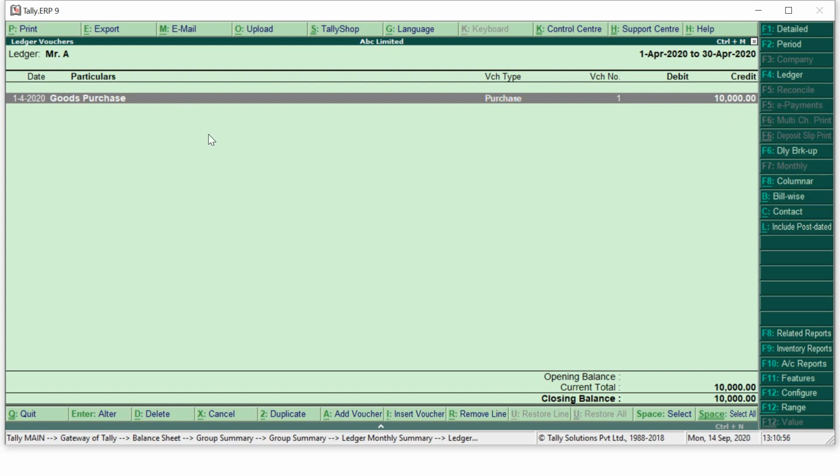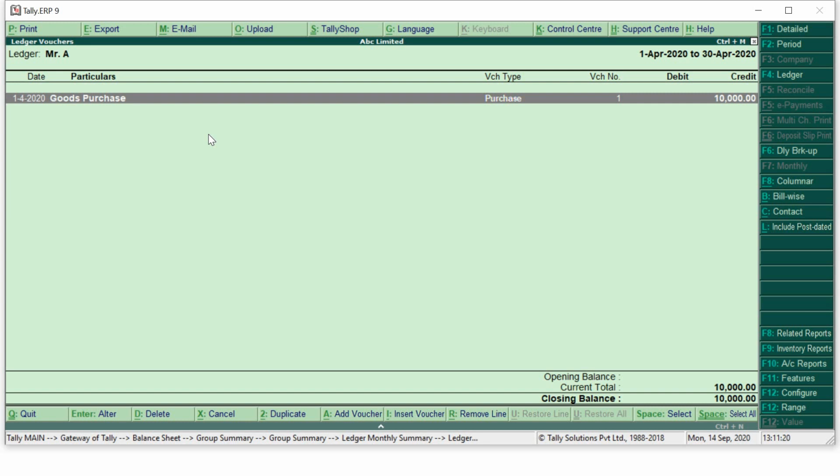Alright, so this was all about the voucher method of purchases. I have explained you about the creation of purchase account. Then I have explained you the creation of purchase voucher under voucher method. And thirdly, I taught you how you will cross verify whether your entry has been accepted or saved in Tally. So I checked by two methods.